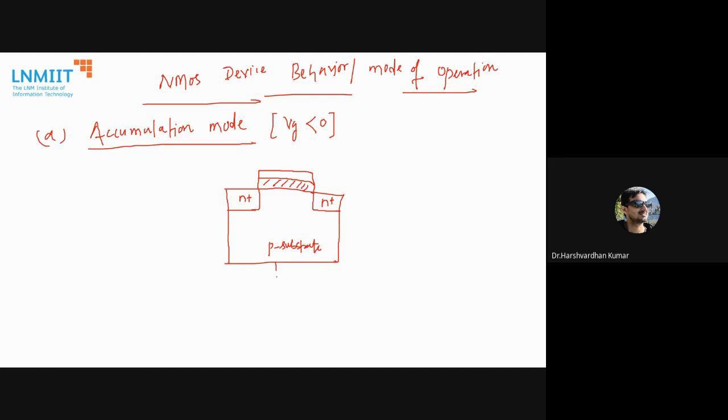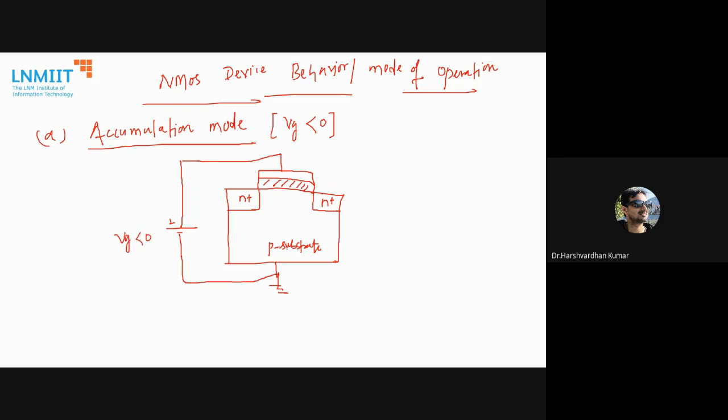Let us talk about connecting the gate voltage, which is less than 0. So here VG is less than 0.